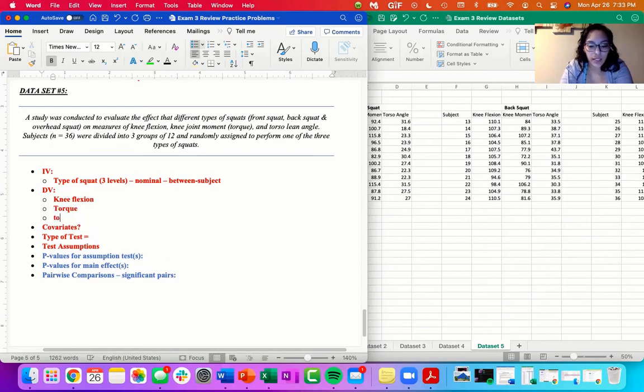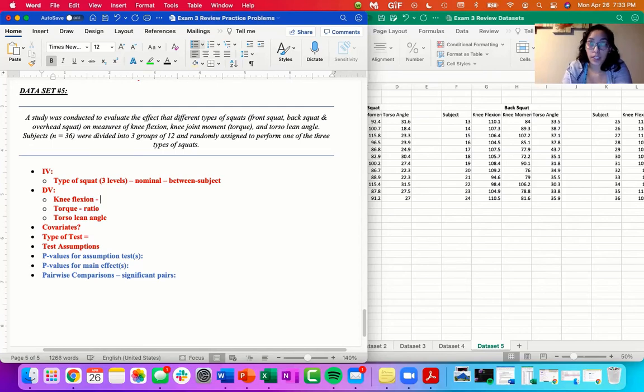And then torso lean angle. Okay, so 3 measured variables. If you wanted to, for these ones, when there's multiple, I think it's easiest to just say dependent variables are parametric.